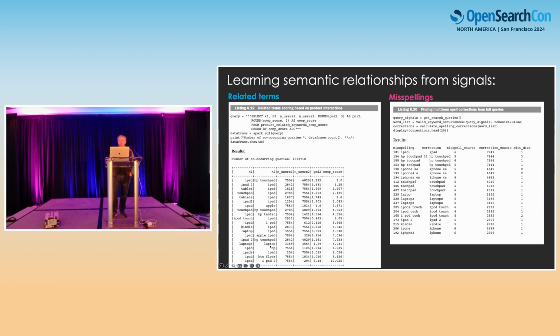For example, over here on the left is one of the listings from the book where we're finding related items. There's a bunch of calculations that happened before this. This is just the final one, combining them with a composite PMI, point-wise mutual information score, and just a popularity. But I can do things like learn that iPad is related to HP Touchpad, iPad 2 is related to iPad, different categories, different brands, things like that.